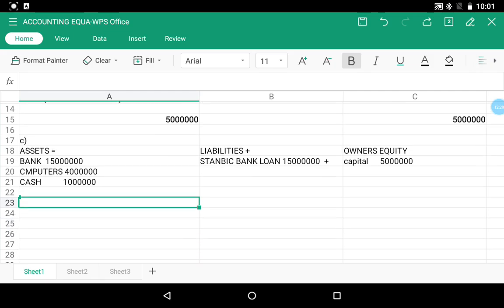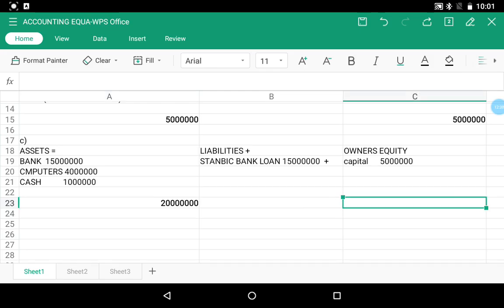So here we are going to have our 20 million. Also the other side of liabilities and owner's equity, we are going to get our bank loan of 15 million. We add capital of 5 million. Also we shall get 20 million. As you are seeing under the accounting equation, we almost follow the double entry rule, where you debit, also credit, debit, credit, debit, credit. That's why things are balancing. So that is our part C.